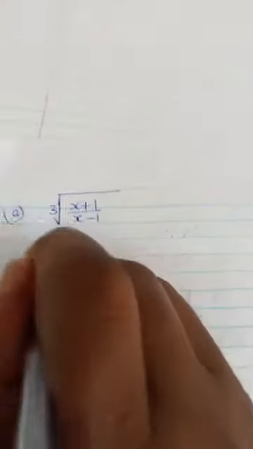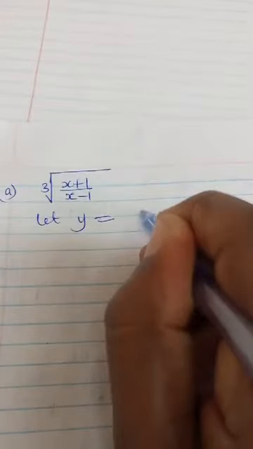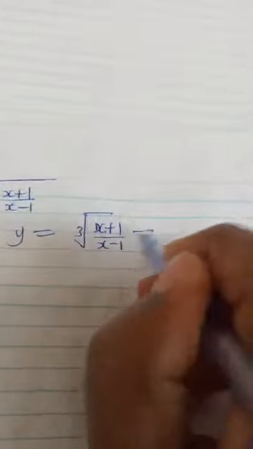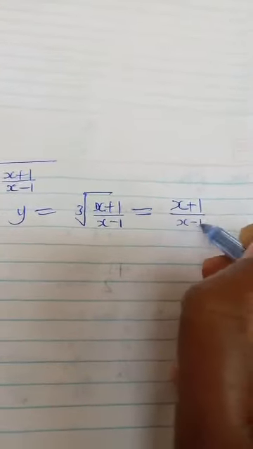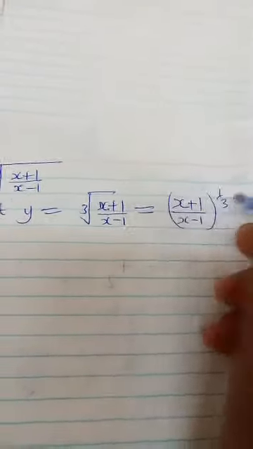So we said we will let y be equal to this, x plus 1 over x minus 1. This should be able to guide you to try out the other. You notice it is the cube root, the power third.